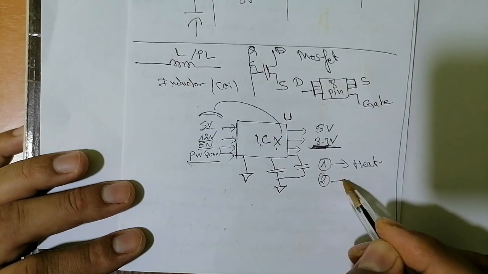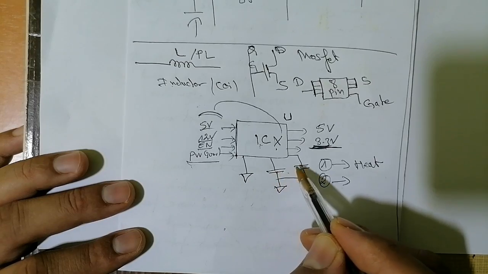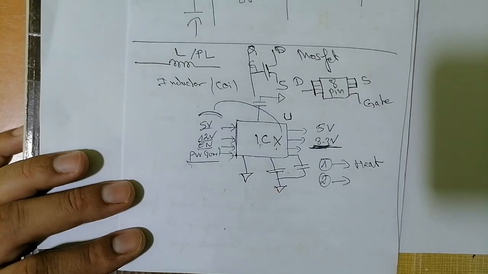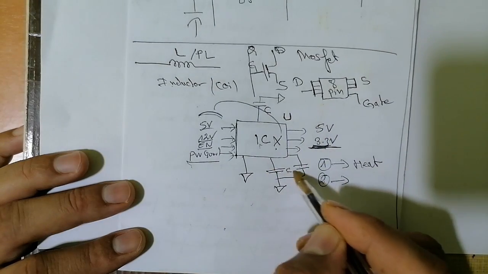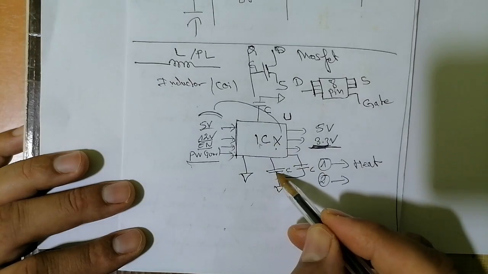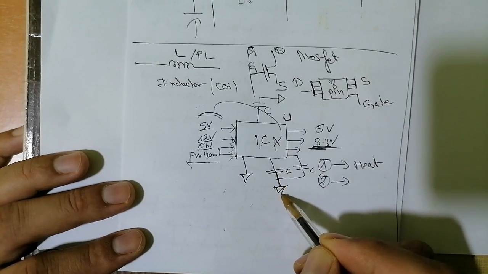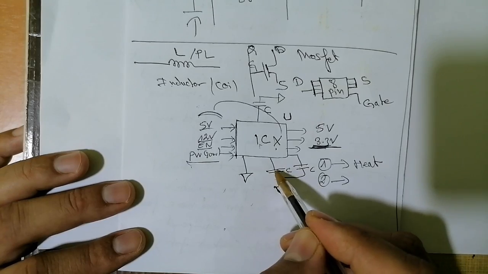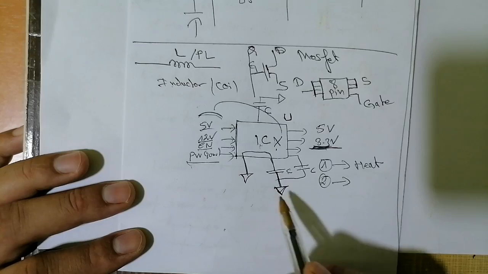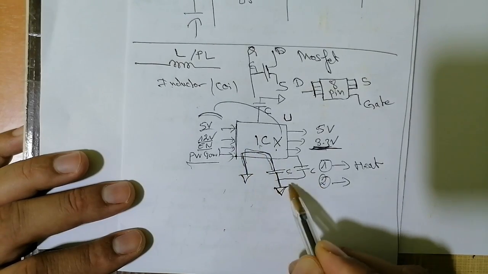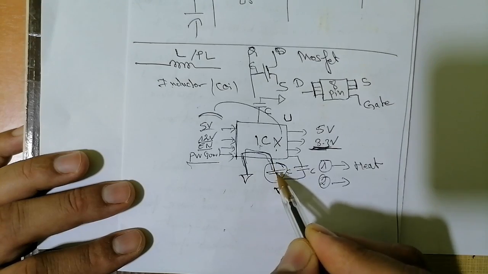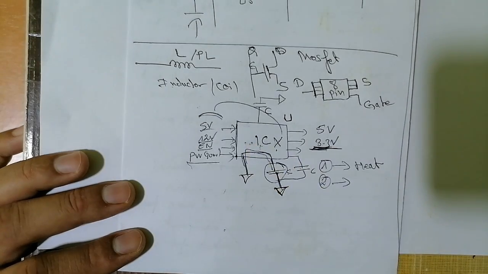The second method is checking the ceramic capacitors around the IC. If you find that the ceramic capacitors around the IC are shorted, it means the IC is shorted, because the ceramic capacitor is connected to the ground on just one side. But if the IC, for example, is shorted, the ceramic capacitor will also be shorted on this side and on this side, and you will get a short. But the short is not in the ceramic capacitor, the short is in the IC.